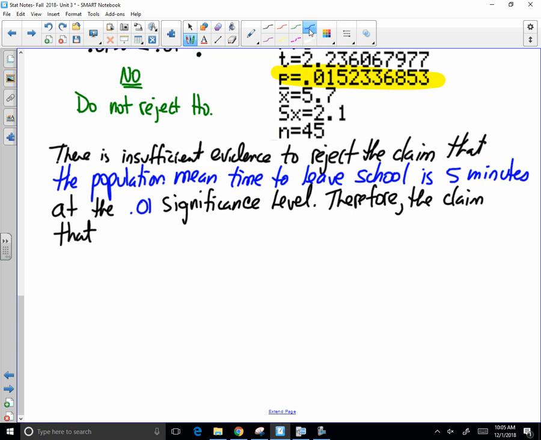So it's safe to jump right to a paraphrased version of it. So therefore, the claim that the time is greater than 5 minutes, that's going to be false.